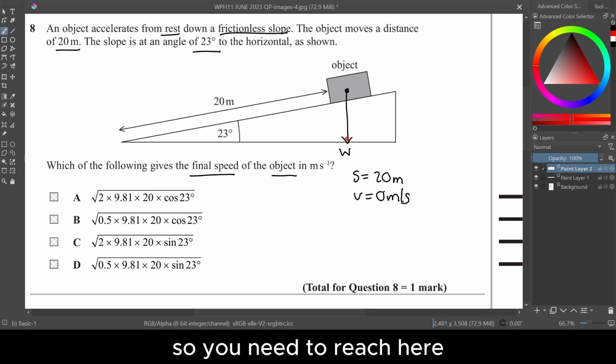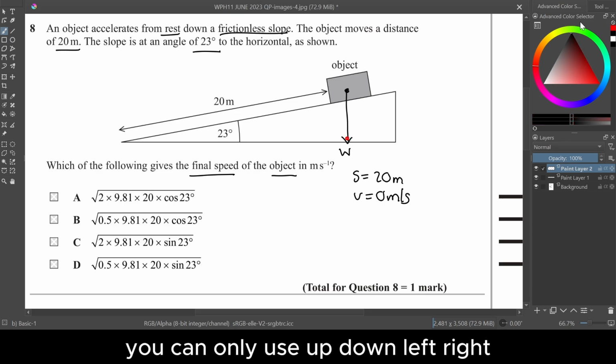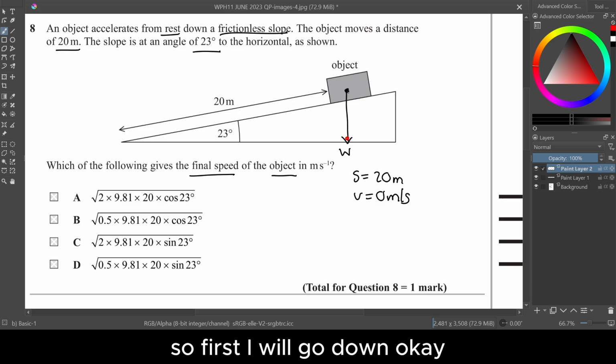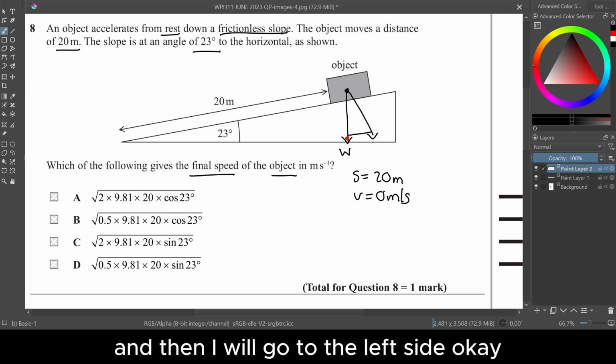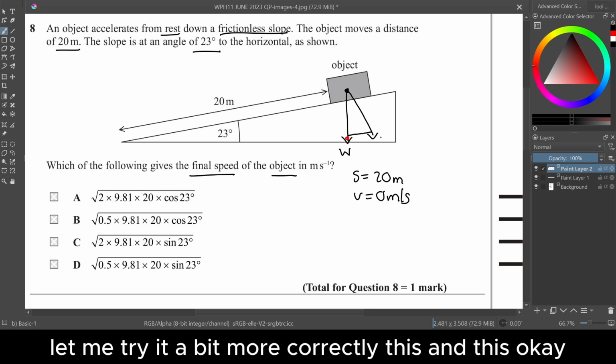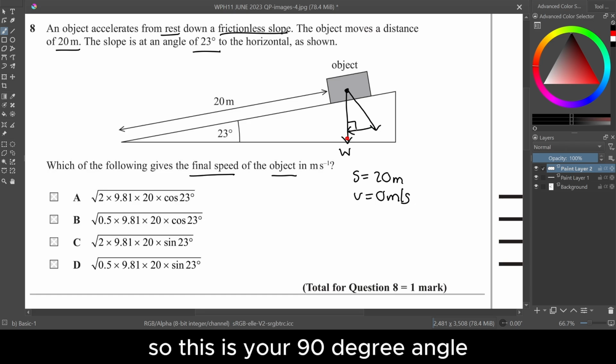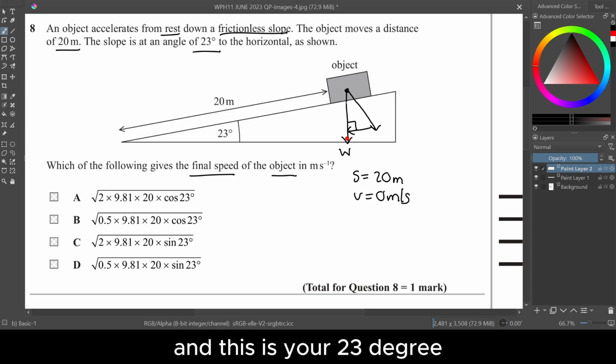So you need to reach here. You can only use up, down, left, right. So first I will go down, and then I will go to the left side. Let me try it a bit more correctly. This and this, okay? So this is your 90-degree angle and this is your 23 degree.